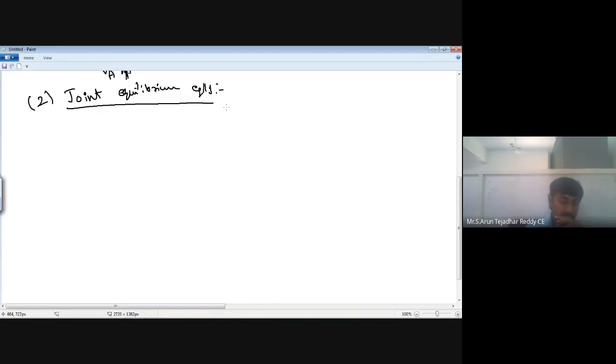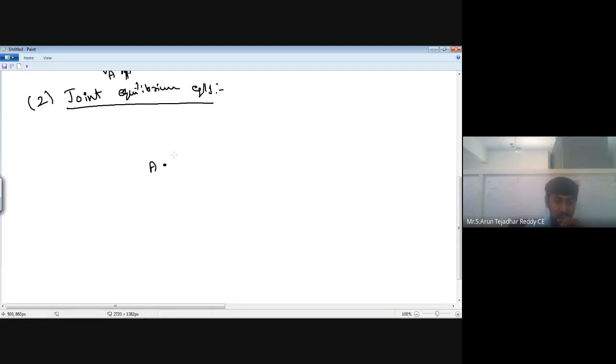So next, take any one joint as a reference point, and based on that joint we need to calculate what forces are acting through that joint.